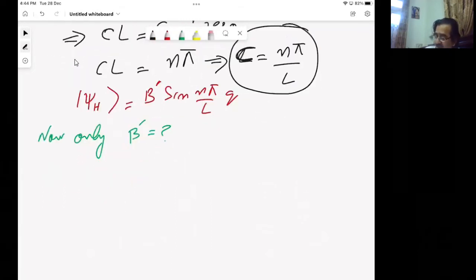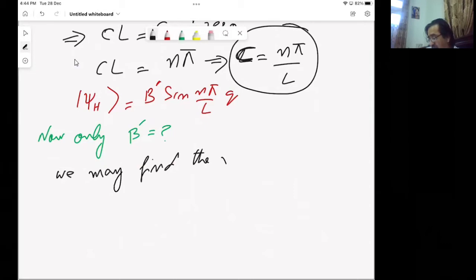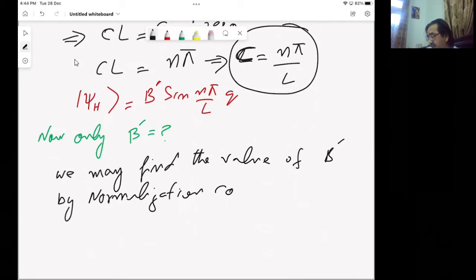We may find the value of B prime by the normalization condition. What is that?